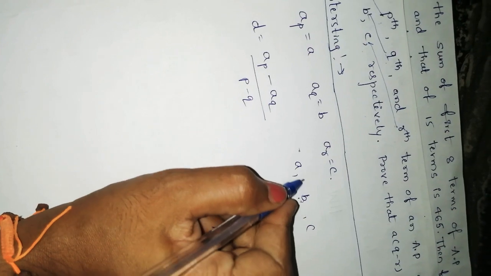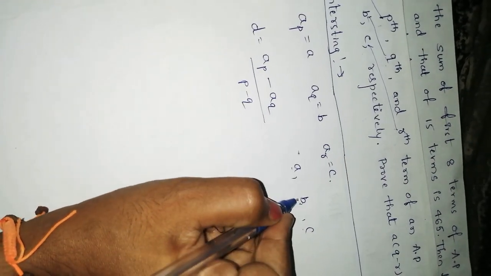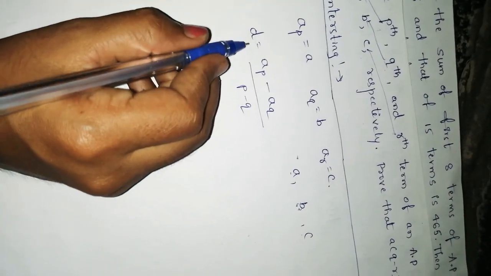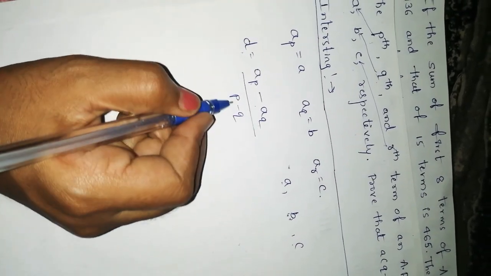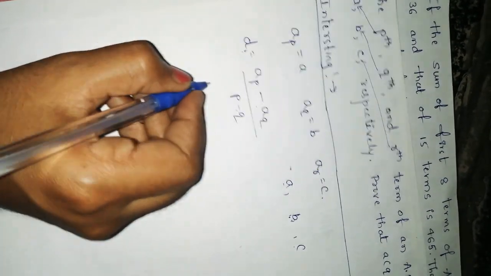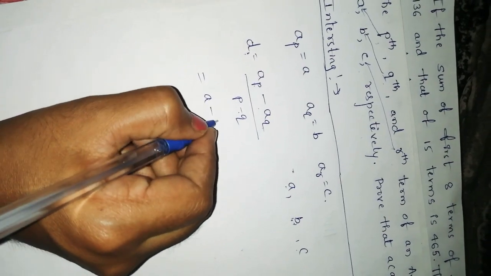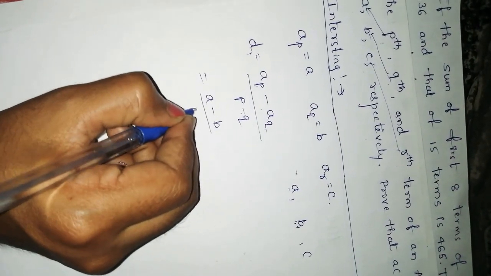That is second term minus first term is same as third term minus second term. So here I am going to take the first thing, AP minus AQ by P minus Q. So then common difference D is equal to AP is A minus AQ is B divided by P minus Q.